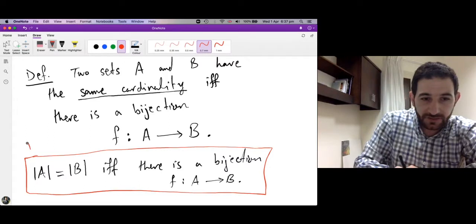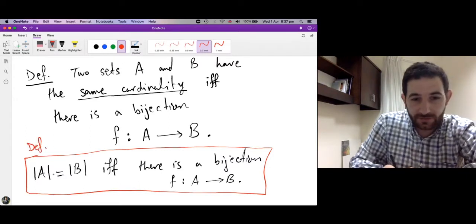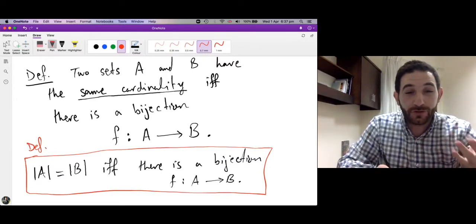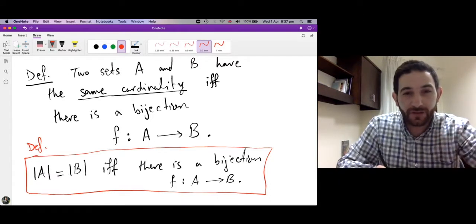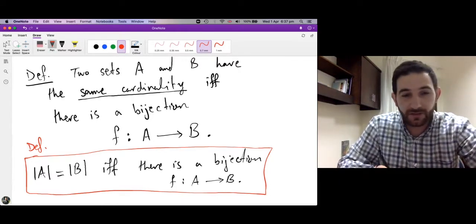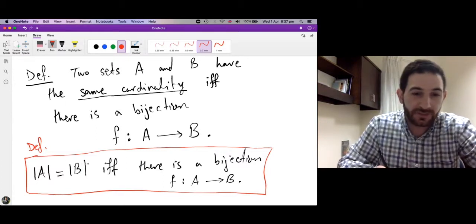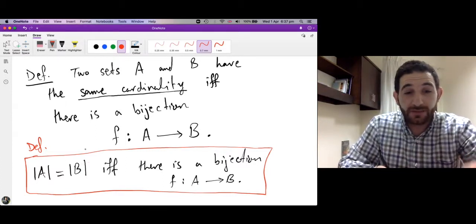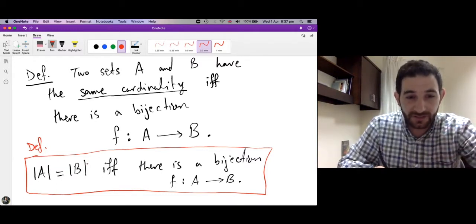So this is a definition, and we say two sets have the same cardinality. We don't yet know what it means when A and B are infinite, but when they are finite sets, that's fine: the cardinality of A is 5 and the cardinality of B is 5, so we say they have the same size. But this is a more general definition of saying that two sets have the same size.